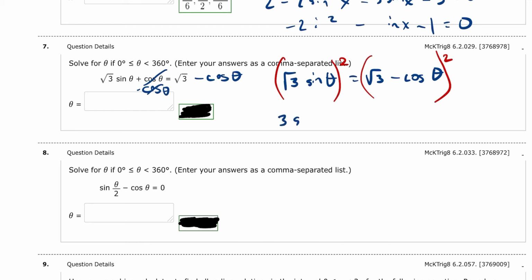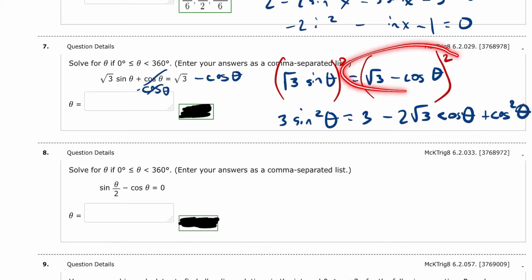So when you square this, this becomes 3 sine squared theta. This becomes 3 minus 2 rad 3 cosine theta plus cosine squared theta. You can verify that. I just multiplied this out by foiling. All right, and now what would we do in this situation? Looks like we're going to have to replace this with 1 minus cosine squared.